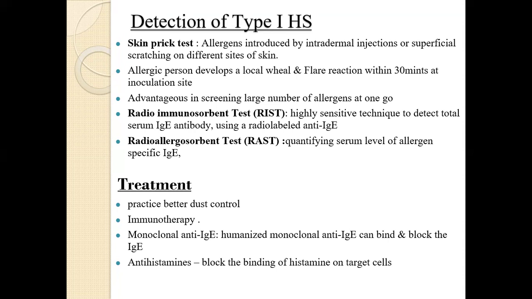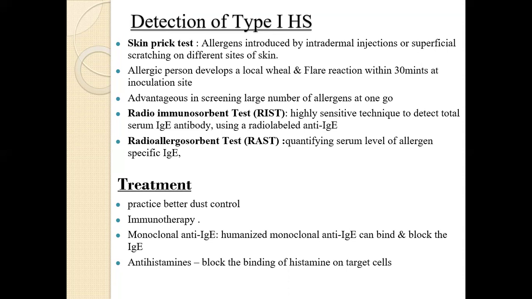So what are the treatment strategies for this type 1 hypersensitivity reaction? Practice better dose control, immunotherapy, and monoclonal anti-IgE, that is, humanized monoclonal anti-IgE can bind and block this IgE. If IgE is released, it will bind with the mast cells and cause mast cell degranulation.